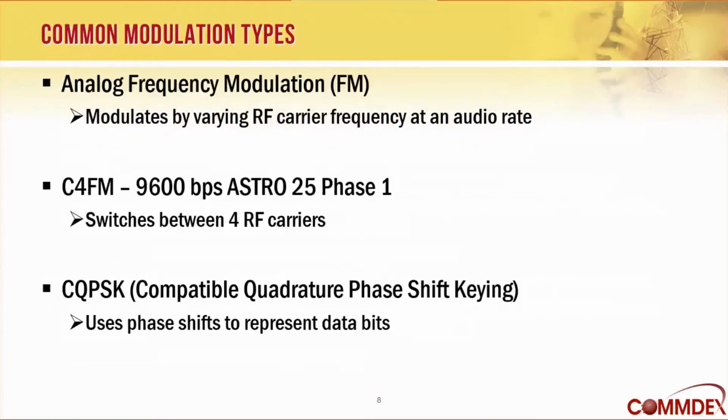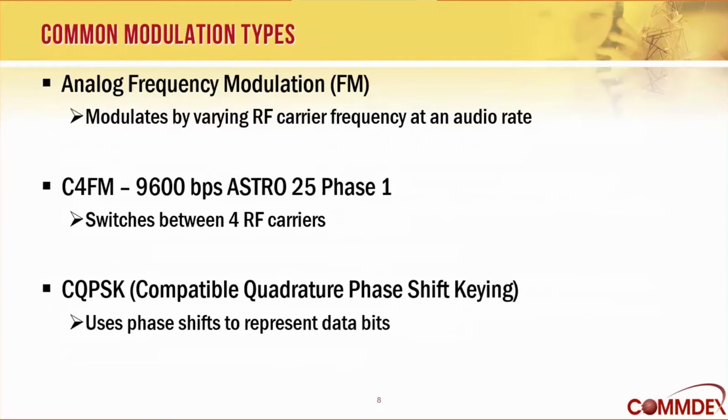So some of the common modulation types that we know: FM. We've been dealing with FM for years. It's been around forever and it will be around for a long time. It modulates by varying the RF carrier at a rate corresponding to the audio rate.